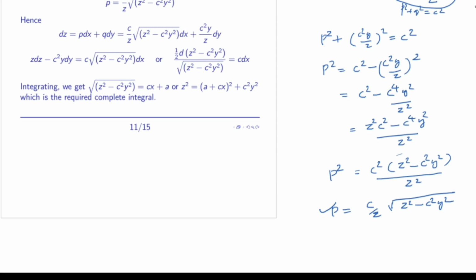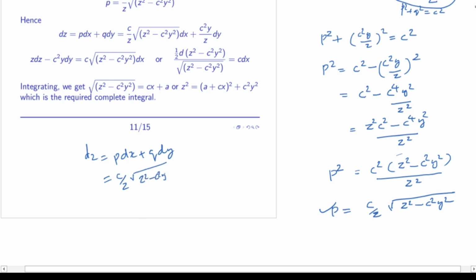Since now we got p and q, you can form the equation dz is equal to p dx plus q dy, where p is equal to c by z into square root of z square minus c square y square, and q is equal to c square y by z.